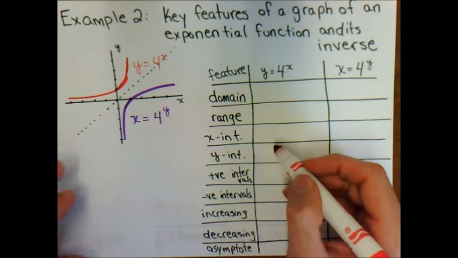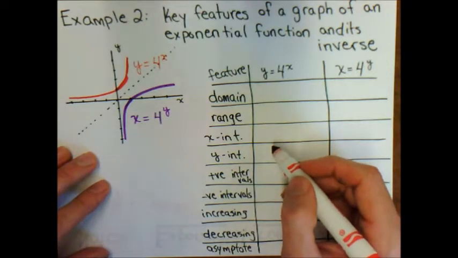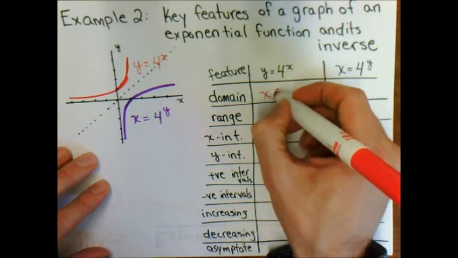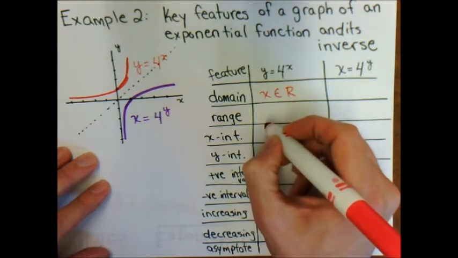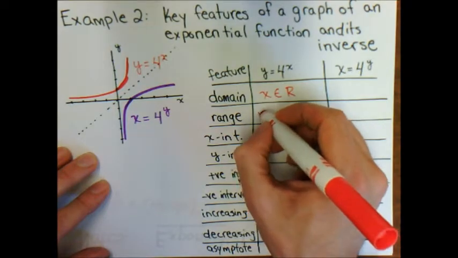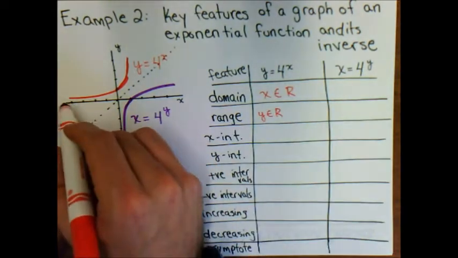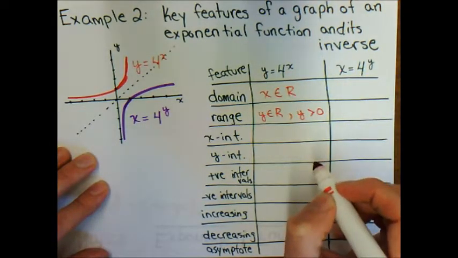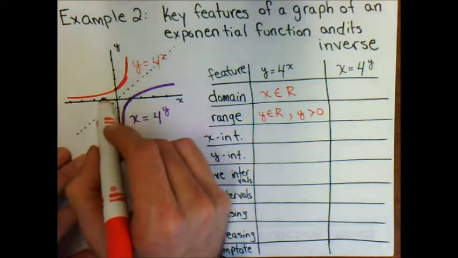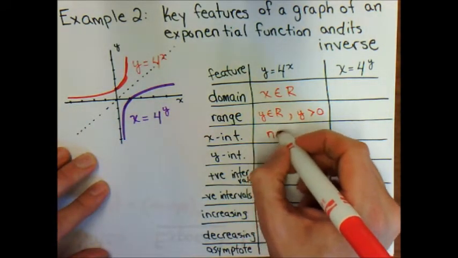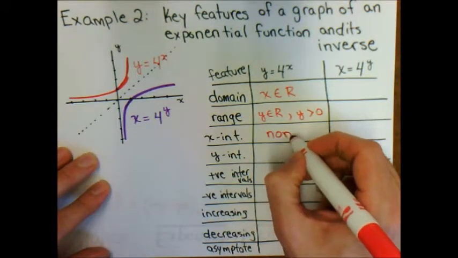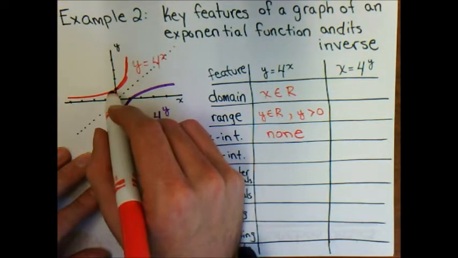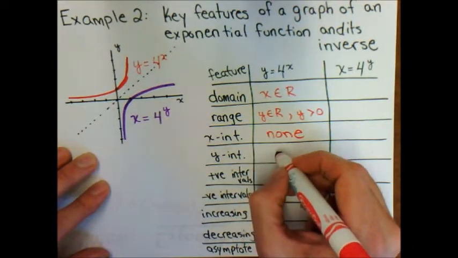So the domain for y equals 4 to the power of x is simply x element of the real numbers. There's no restriction there. Range, y element of the real numbers, and we can see y is always greater than 0. X-intercept, well, it's never going to cross the x-axis, so none. Y-intercept occurs when x equals 0, so y equals 1.